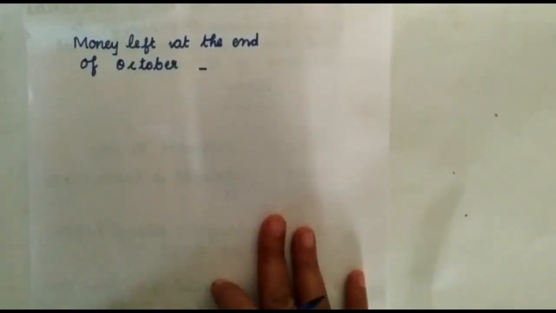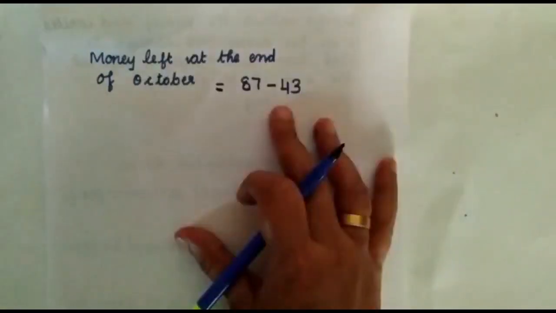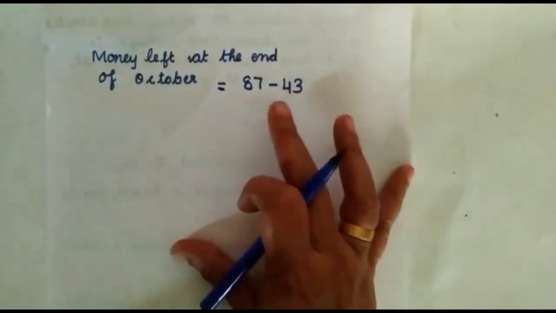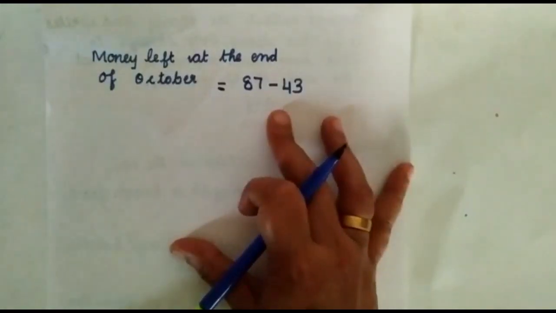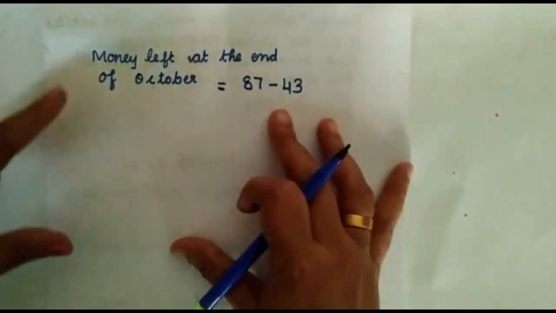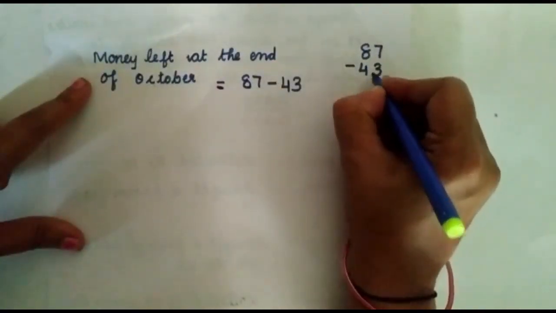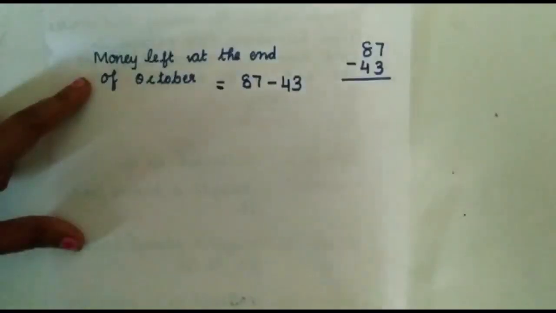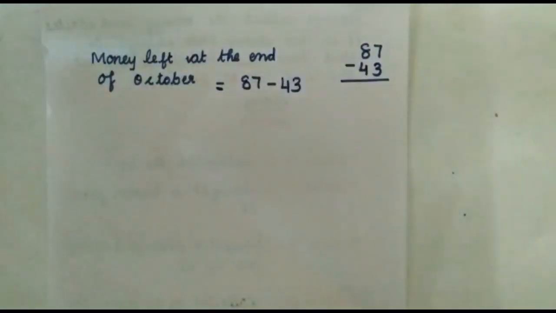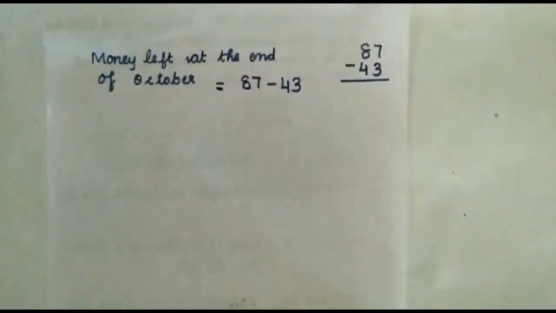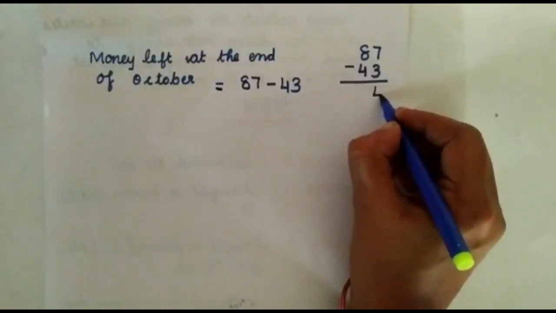We have to find the money left at the end of October. So what will we do? Money collected is 87 and money spent is 43. So 87 minus 43. Take 3 in your hand. 7, before that 6, 5, 4. 7 minus 3 is 4.